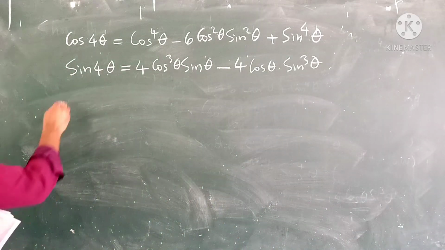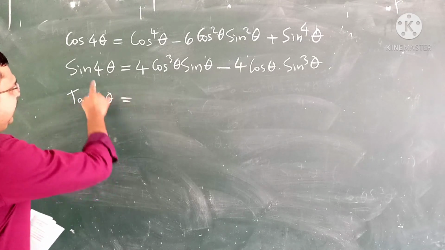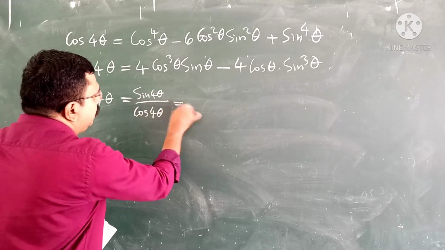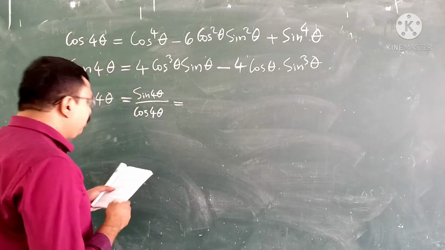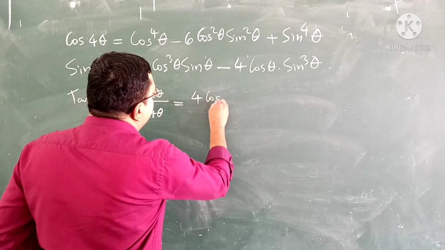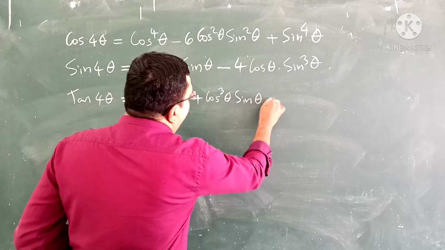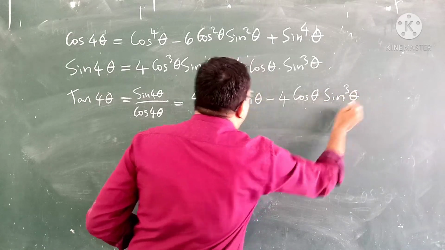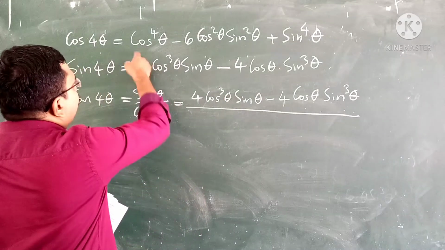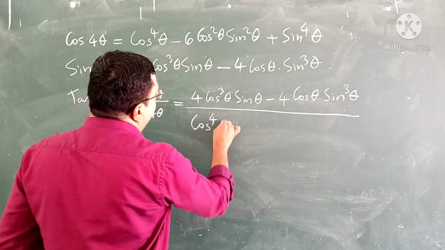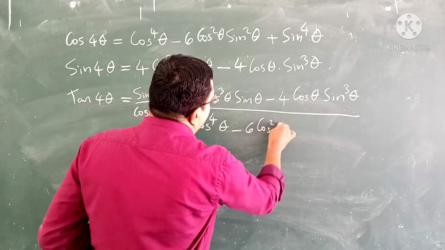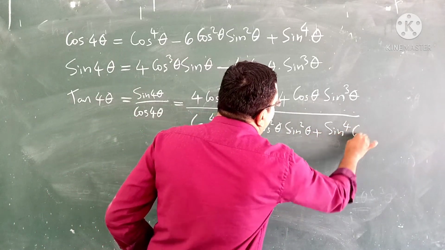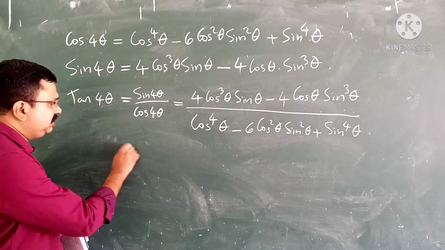Tan 4 theta is equal to sin 4 theta divided by cos 4 theta, that is, 4 cos cube theta sin theta minus 4 cos theta into sin cube theta, the whole divided by cos raised to 4 theta minus 6 cos square theta sin square theta plus sin raised to 4 theta. Okay, that is our tan 4 theta.